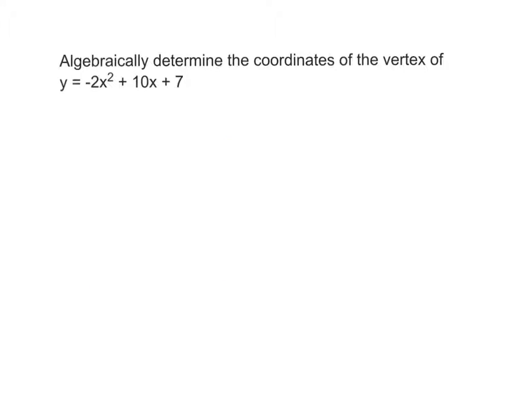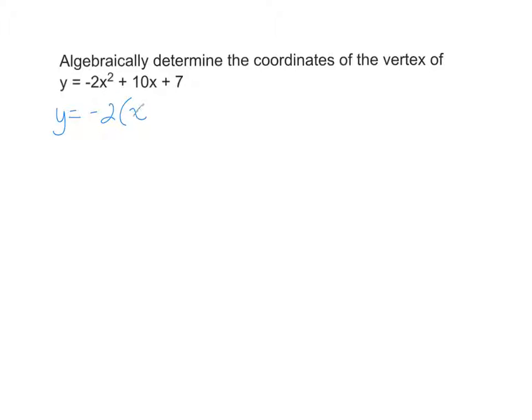Here's another example. This question is worded differently, but it's the same thing. It says algebraically determine the coordinates of the vertex of y equals negative 2x squared plus 10x plus 7. I'm going to do that by putting it into vertex form. Once it's in vertex form, I know where the vertex is. So I'm going to start by factoring out that coefficient of negative 2. y equals negative 2, and then open a bracket.